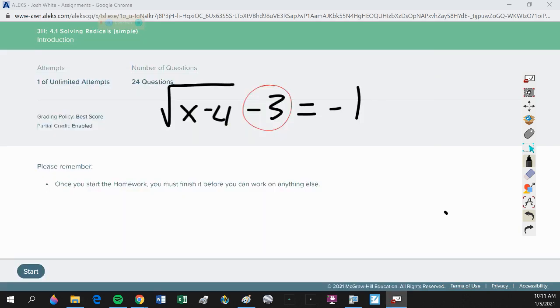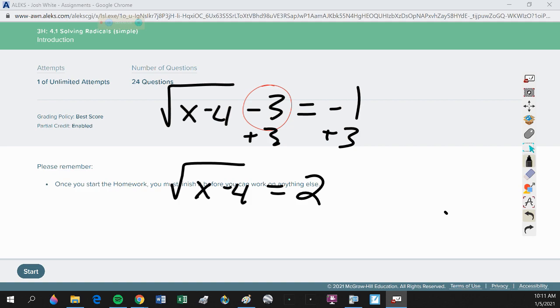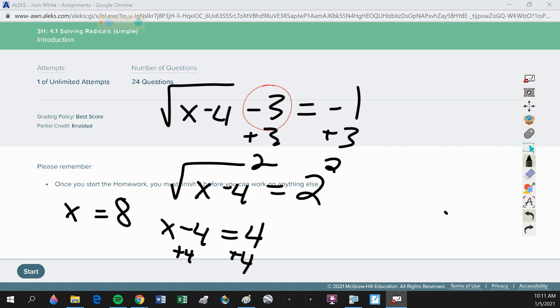And I get the square root of x minus 4 equals 2. Does that have a solution? Yes, let's figure out what it is. Square both sides. x minus 4 equals 4, and x equals 8. Does everybody understand that?